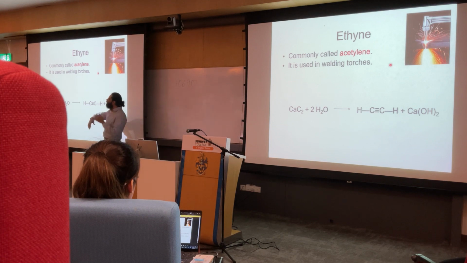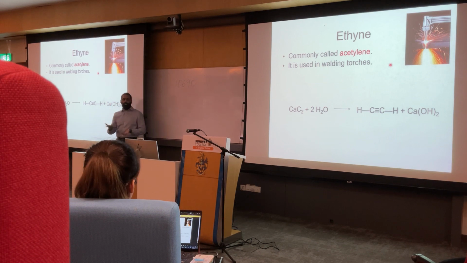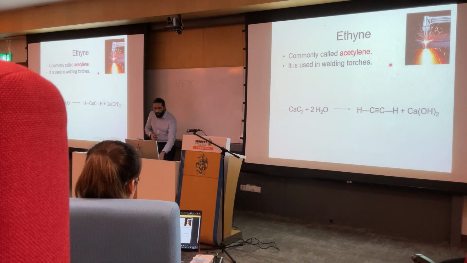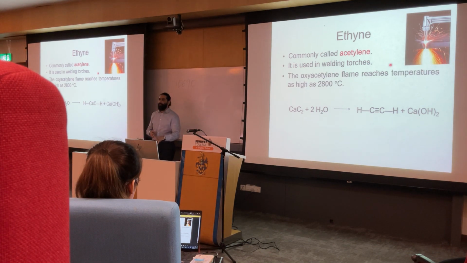The most simple alkyne is called ethyne, right? It's based on 2 carbons. So the common name of ethyne is acetylene, which used to be used in welding because you can burn it at a specific point and that will generate enough heat for the metals to be joined with each other.